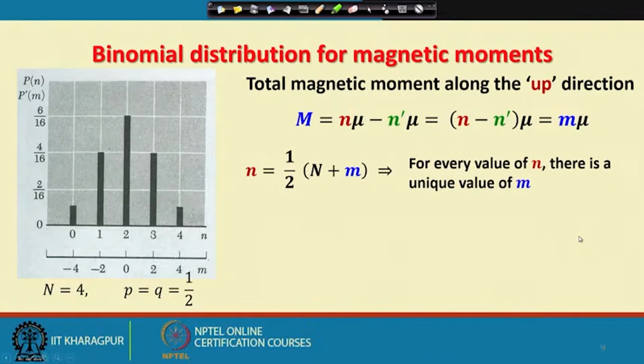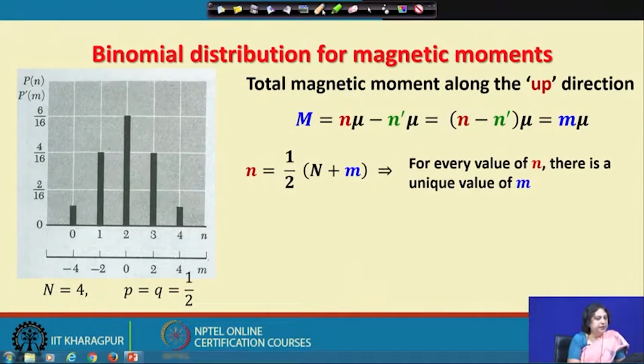The total magnetic moment along the up direction, by definition, is given by the magnetic moment in the up direction multiplied by the number of such magnetic moments. Then if I have n prime magnetic moments pointing anti-parallel or down, the associated magnetic moment along the up direction is minus mu. This gives the contribution of all the spin-half particles aligned anti-parallel to the up direction.